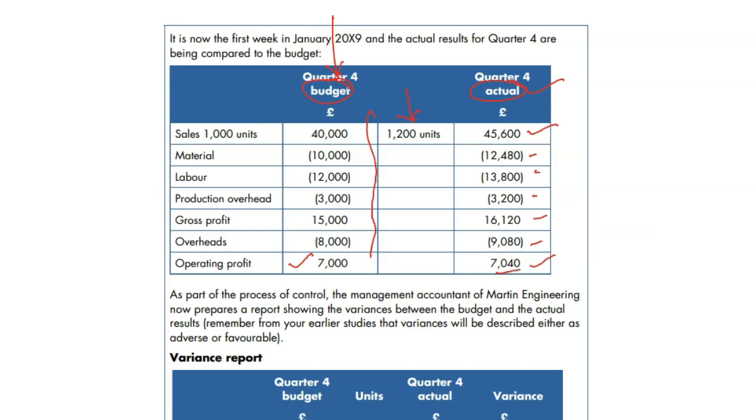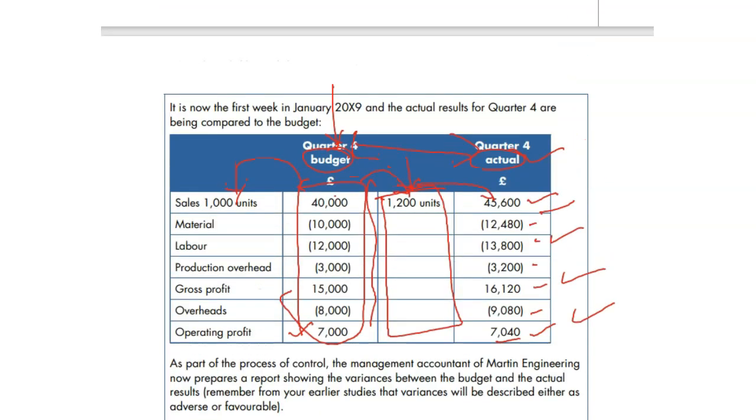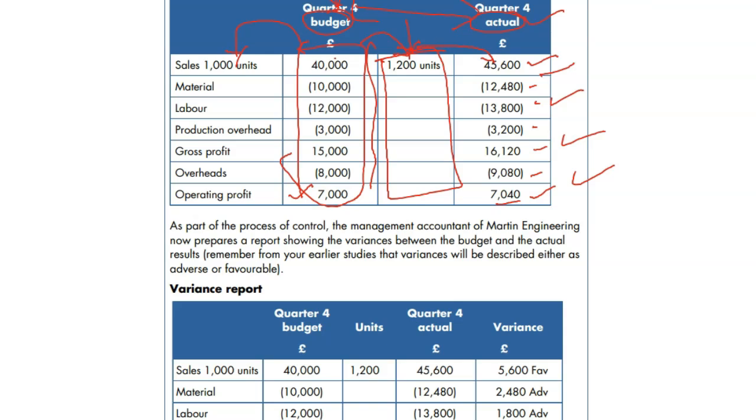But do you think these two comparisons are fair? All these budgeted figures were for 1,000 units, weren't they? But actually you produced 1,200 units and your actual outputs are different. Shouldn't you have a budget for 1,200 units? The answer is yes, you should have a budget for 1,200 units, and that budget you should compare with actual.